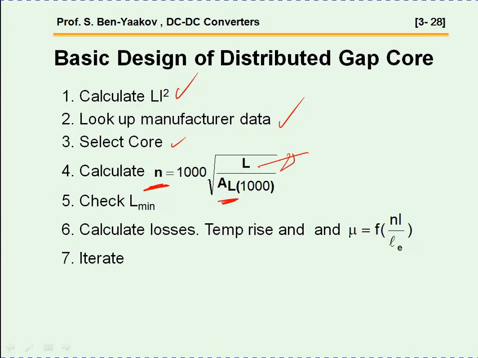You check L minimum, that is this curve with the DC effects on it. You calculate losses, temperature rise, and you see if it's okay with you. If not, you just go and take a larger core. This is the only remedy if it's too tight. And you do this until you find the optimum core for your application.